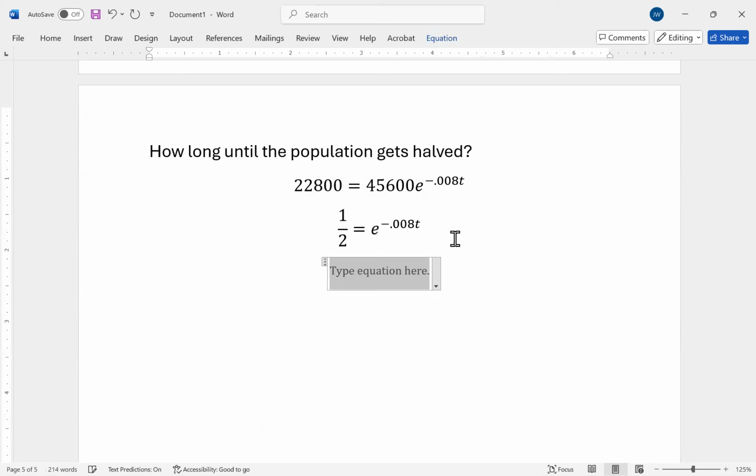Now we can apply natural log to both sides. Natural log of 1/2 is the left-hand side. The right-hand side is natural log of e raised to the negative 0.008 times t power.